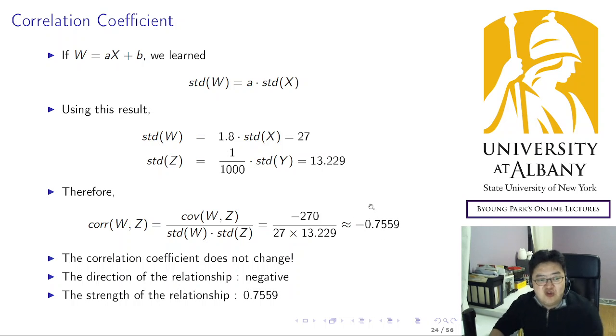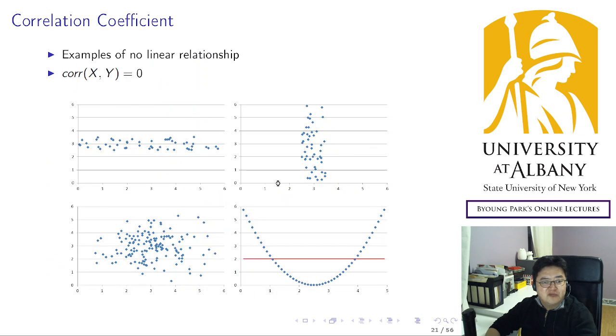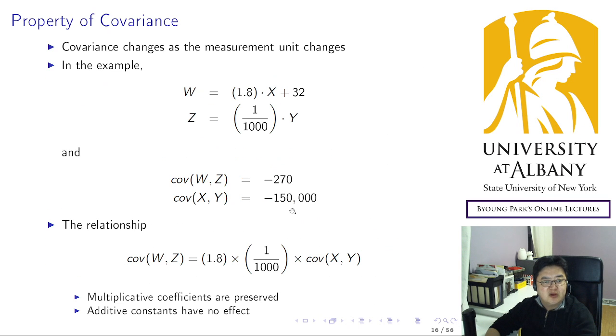And you may understand it this way. Look at this. The standard deviation is affected only by the multiplied number, which is 1.8, 1 over 1,000. And earlier, I showed you the covariance is affected by 1.8 and 1 over 1,000.